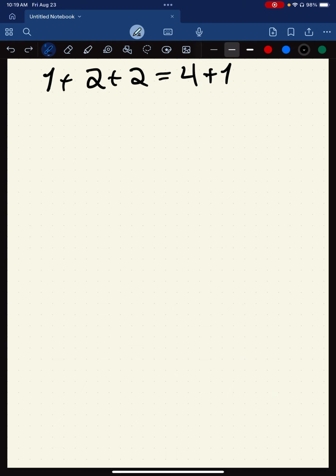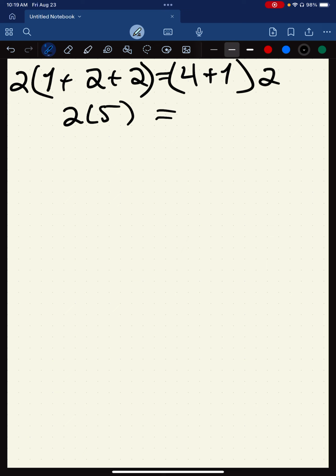Now what if we multiply both sides by 2, the entire thing? Well, on this side, we already know this is 5, so we have 2 times 5, and we have 5 times 2. So again, we're getting something that is equal.